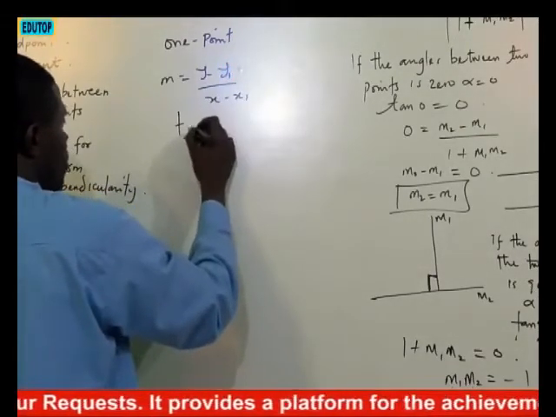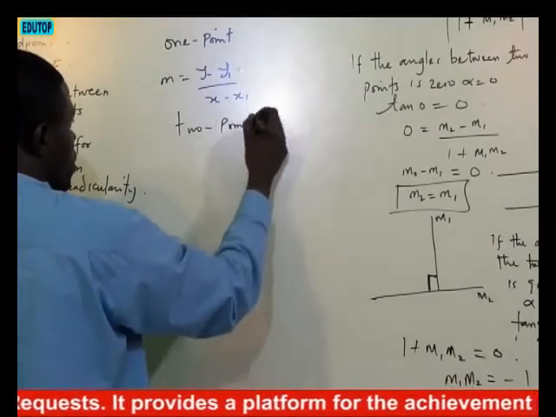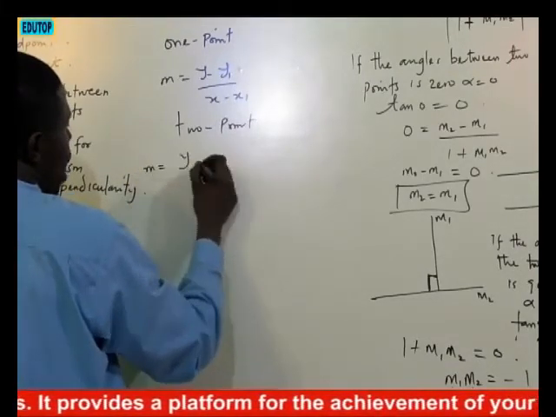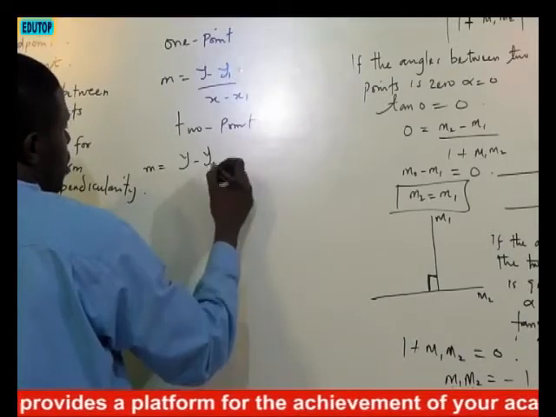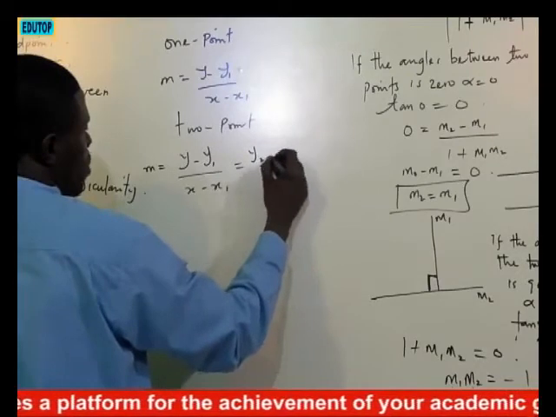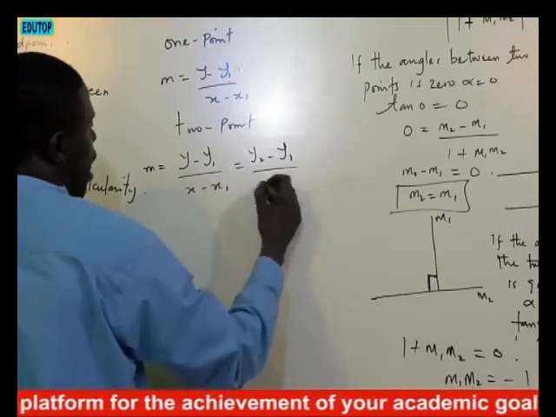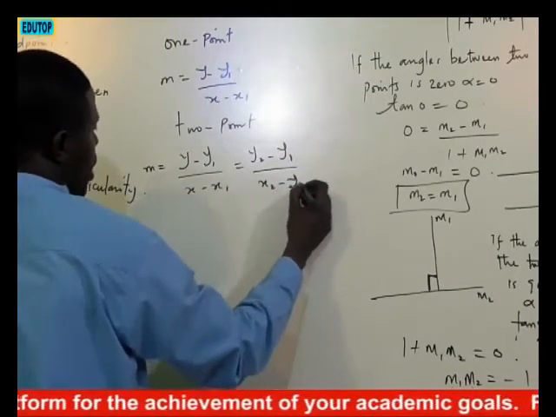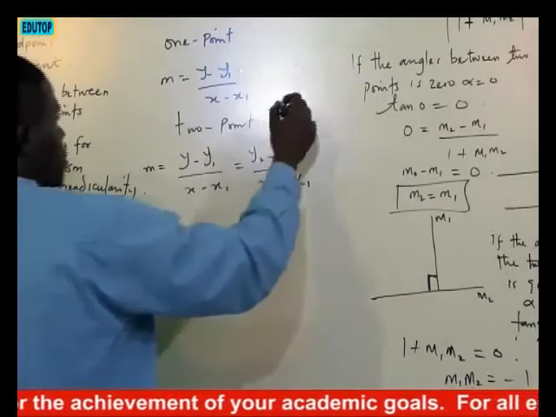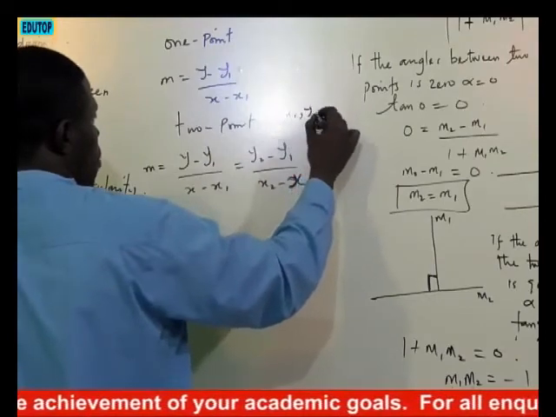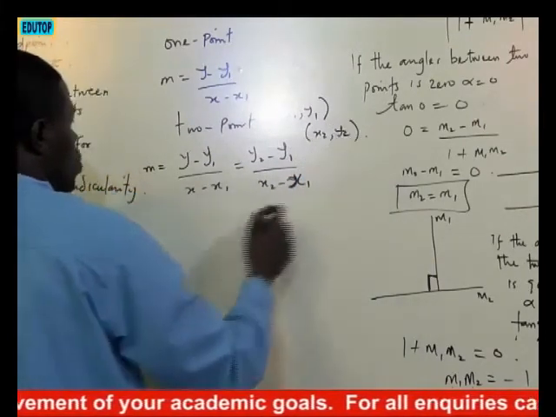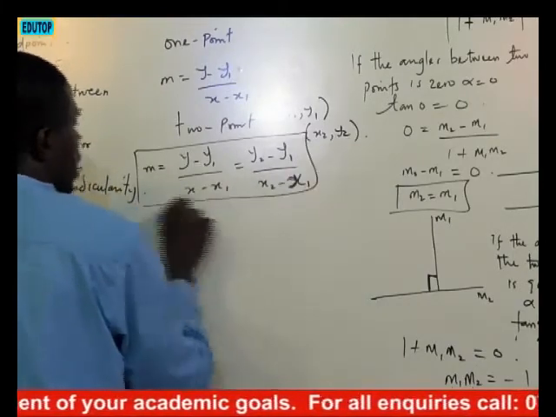Then for the two-point form, with two points, we are going to have y minus y1 over x minus x1 equals y2 minus y1 over x2 minus x1. So for the two-point form, that means we have x1, y1, then we have x2, y2. So the gradient of that is what we have here.